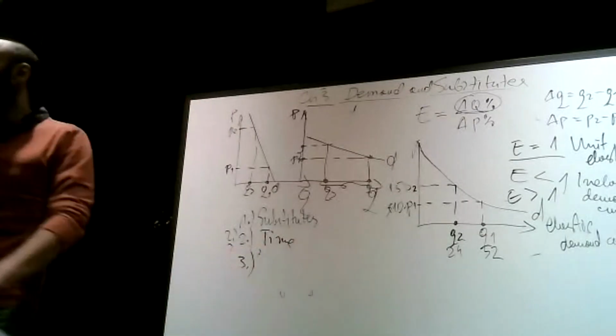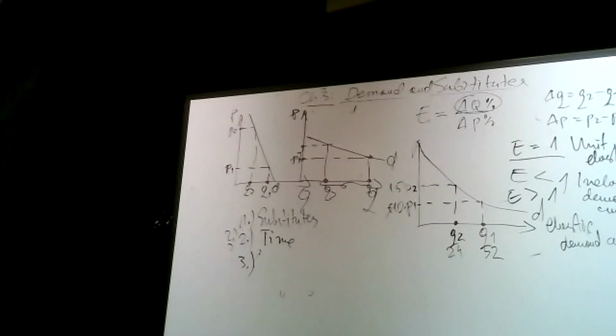And finally, how important this group is. How large a percentage of your total expenditure is the expenditure of this particular group? If it's relatively low, then you would be willing to pay a little bit higher prices.